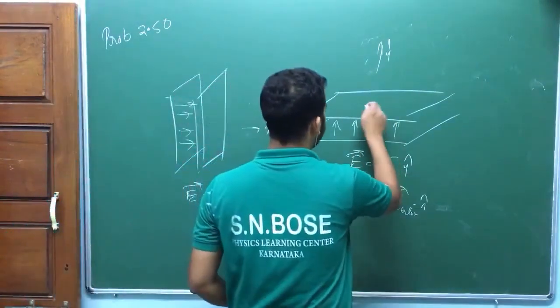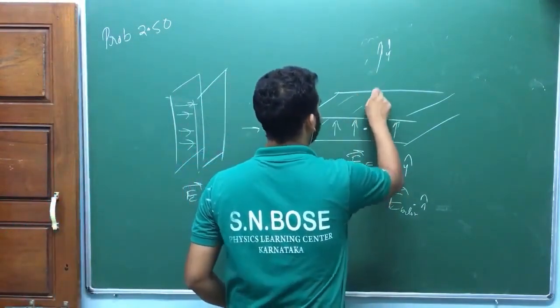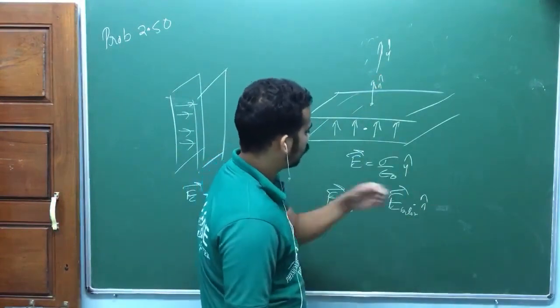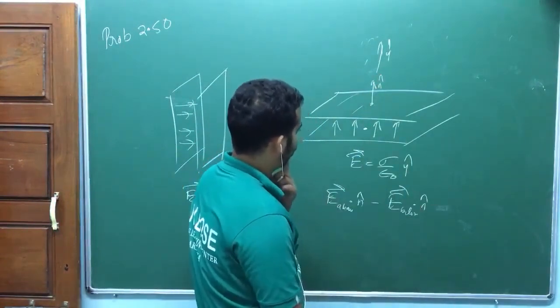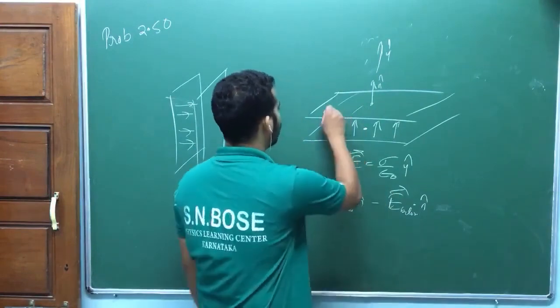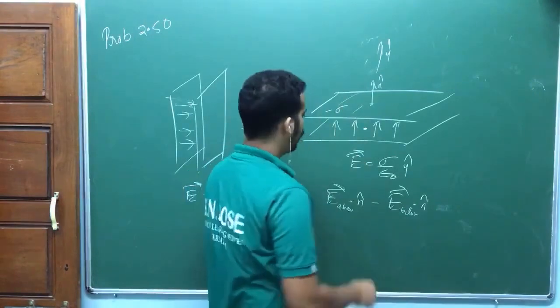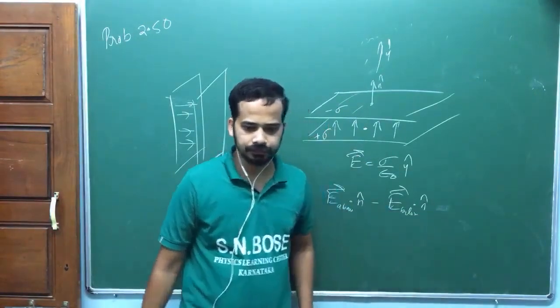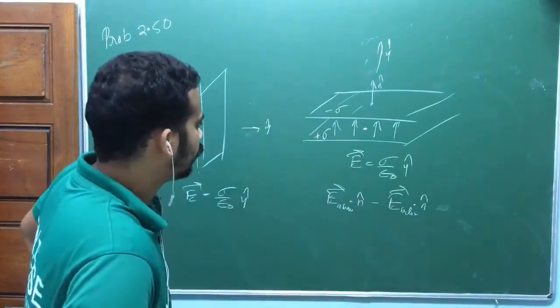Now this is the surface we have taken, this is n cap, you are saying negative sign. No, that's correct, this has a negative charge density, this had a positive charge density, that's correct, isn't it?